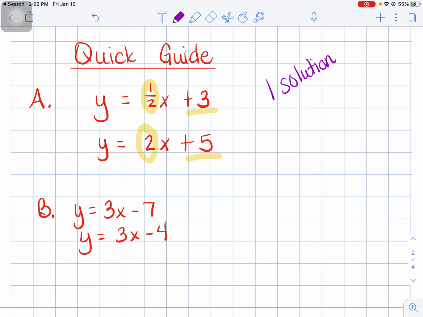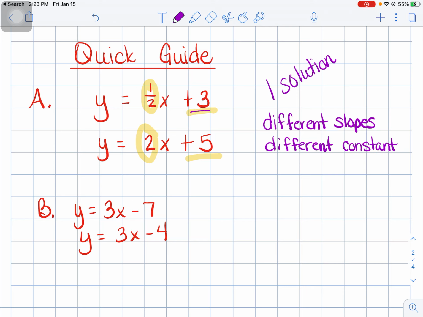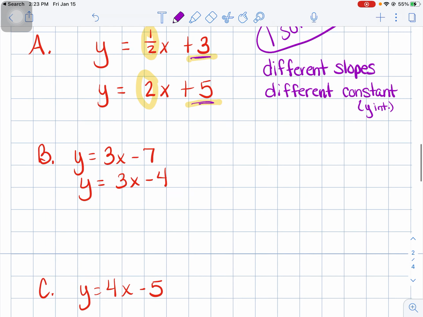Then that tells us we can go through the process of finding it. So when we have different slopes and different constants, your constant is just your standalone number right here, and think about that as your y-intercept, we know we'll have one solution.